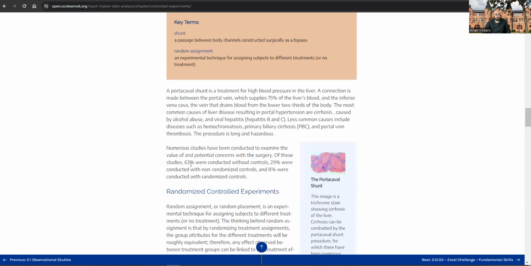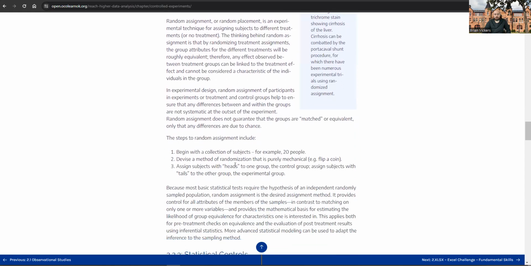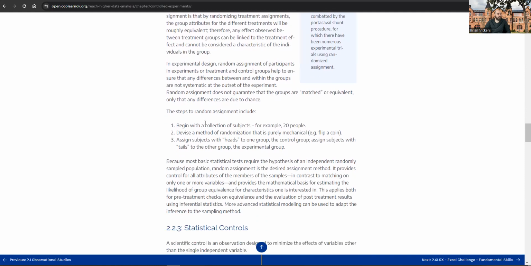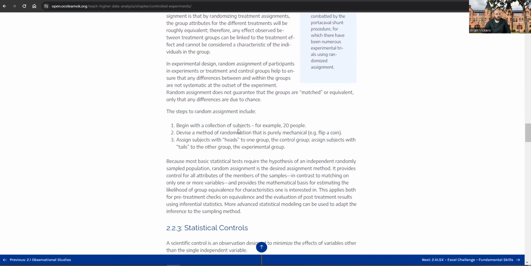There were some controls involved, which the specifics I'm not going to get into because I'm realizing this is going a little longer than I expected here. But steps here for random assignment of control.